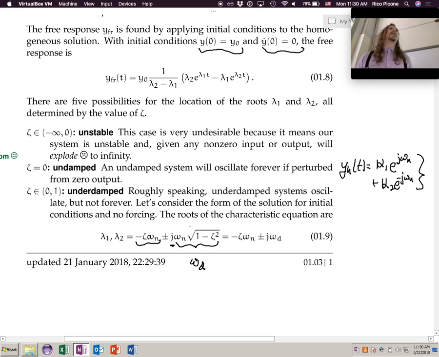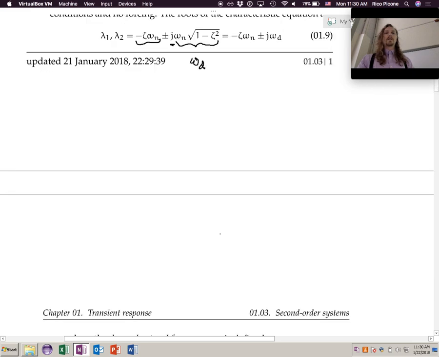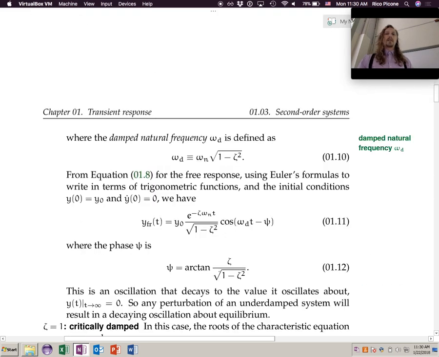So omega d is the damped natural frequency. It's often conflated; we'll often just say it oscillates at the natural frequency. That's not exactly true. It oscillates at the damped natural frequency, but they're often very close. Something to be careful about, but not too bad. So this is the damped natural frequency definition.